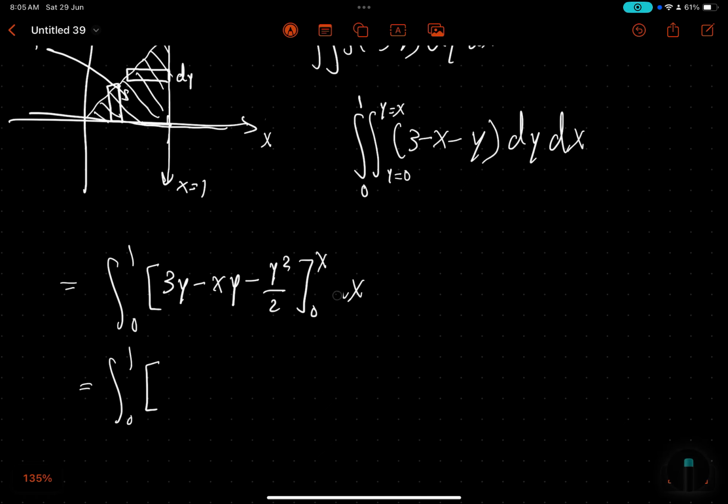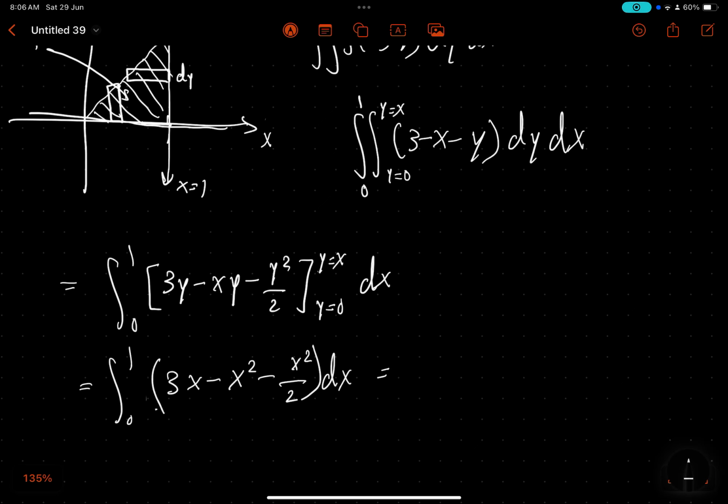Of course, this is y equals x and y equals 0. So 3x minus x squared minus x squared over 2. And if we plug in 0, we get 0, so we just get this function dx.